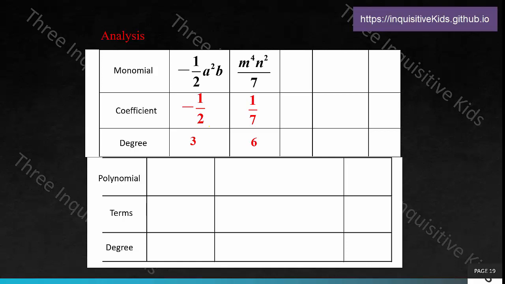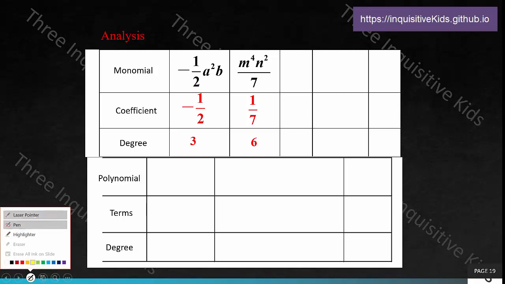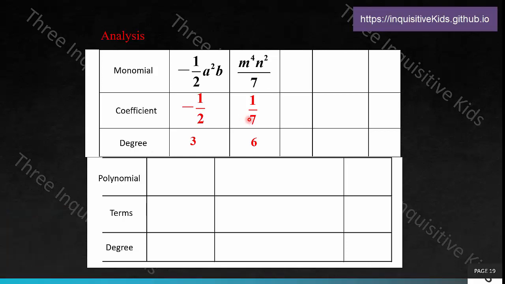Then we have m to the 4th power n squared divided by 7. The coefficient would be 1/7. Remember, just hidden right there. And the degree would be 6. Next one. Monomial x, coefficient 1, degree 1.